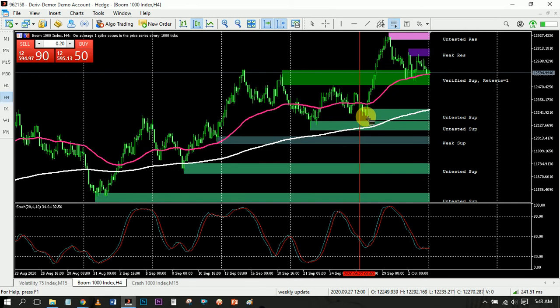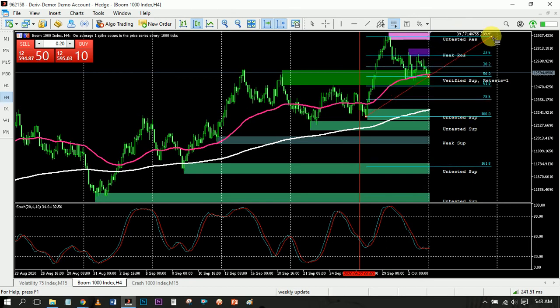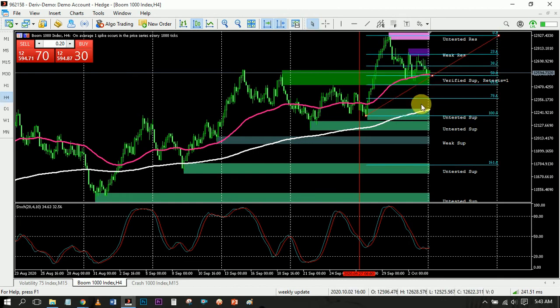So you just draw your Fibonacci on this, from this lowest point to this highest point, and you extend it for the week. As you can see, Boom 1000 is still bullish, so we're expecting more of the bullish trend for the week.